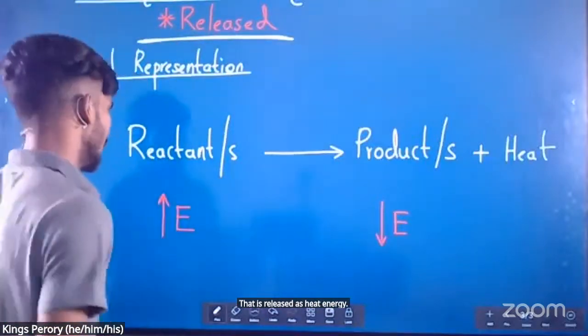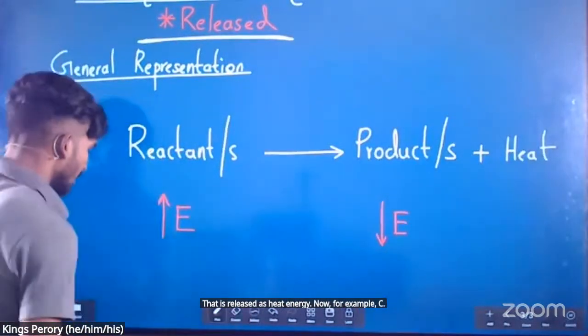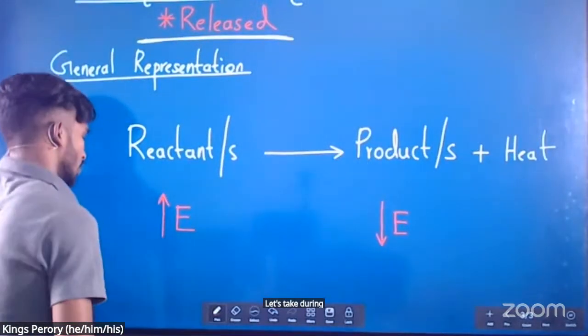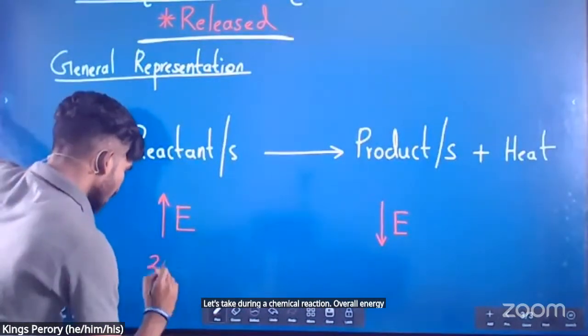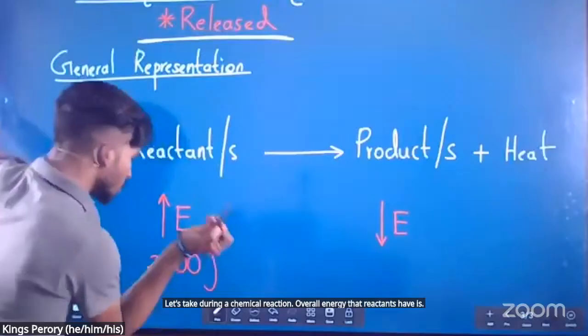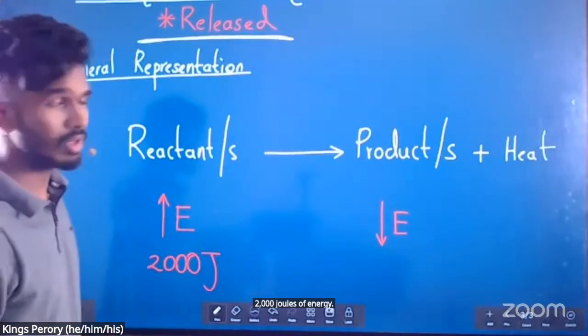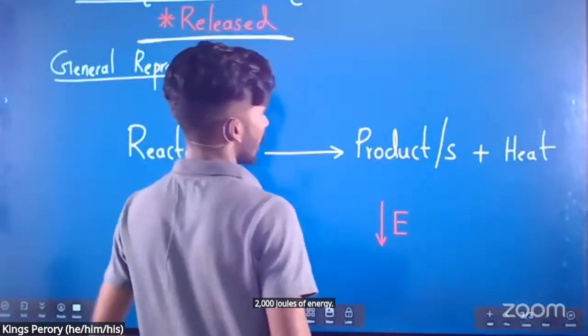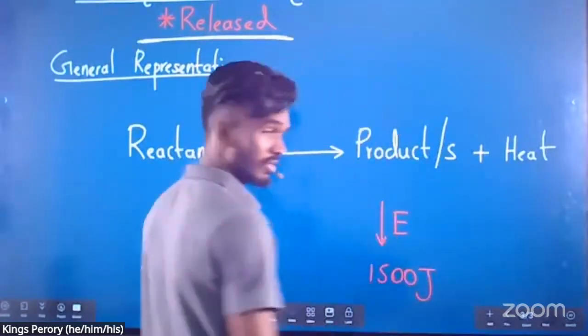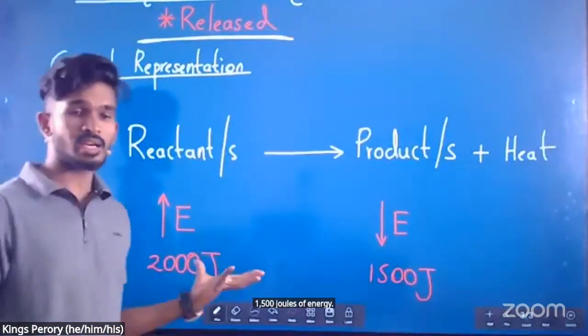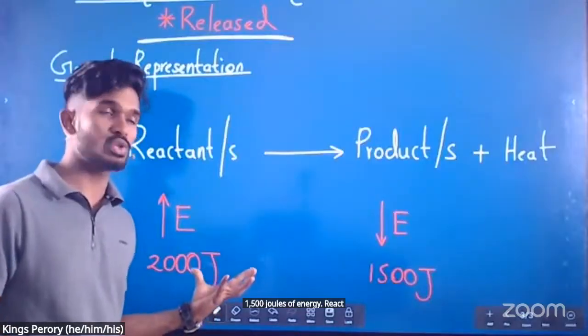For example, during a chemical reaction, the overall energy that reactants have is 2000 joules, and the overall energy that products have is 1500 joules. Reactants have 2000 joules of energy.